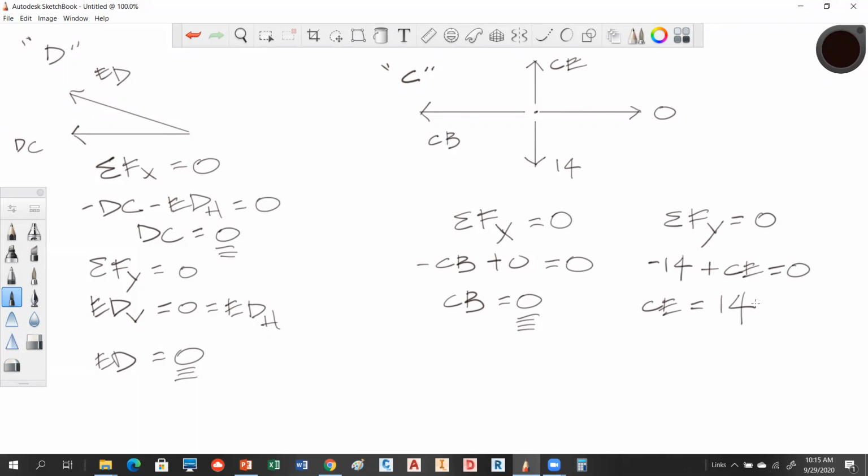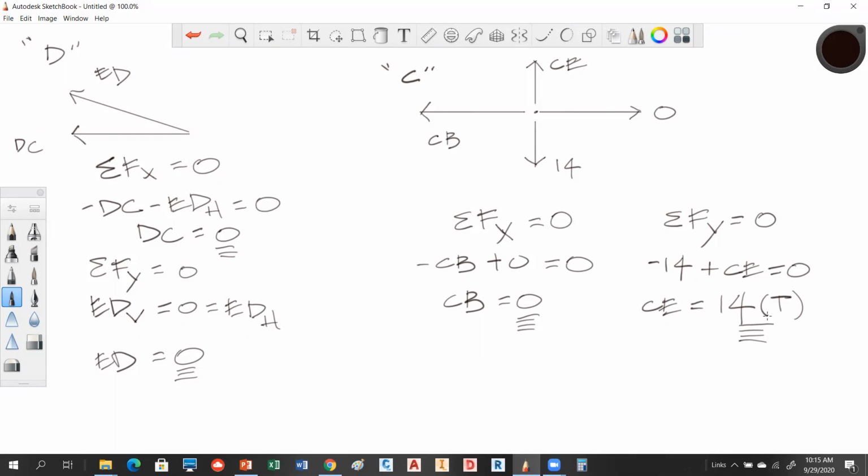So what does that tell you about that one now? You indicated it as tension, so that's actually tension, isn't it? Yeah. Okay, cool. Now we've got joint G and A solved and D and C.